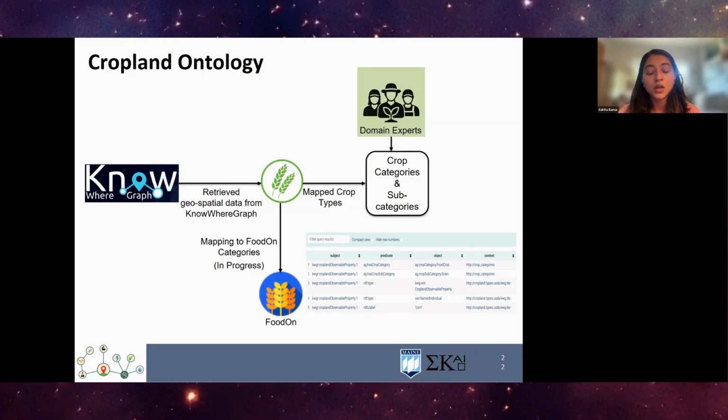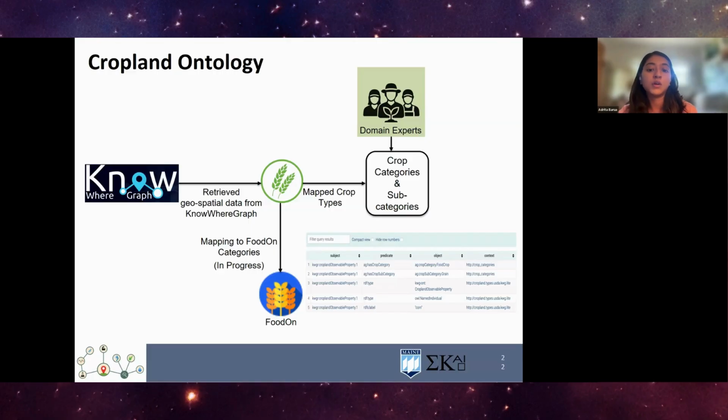There is also an ongoing work to map these crop types to FoodOn categories. FoodOn has information about different food products and the materials those food products are made of.